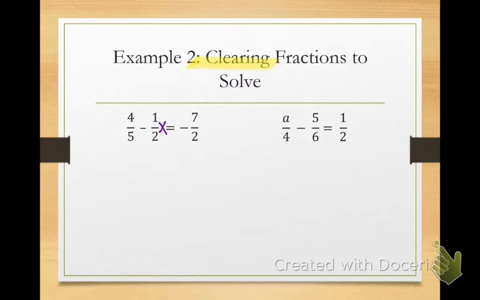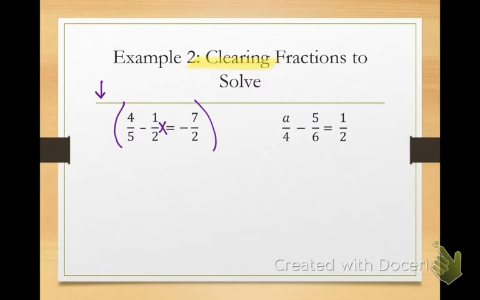Okay? I can multiply this entire equation by a number, and this number I want to be divisible by all of my denominators. So I want the LCM, as if you were finding a common denominator.